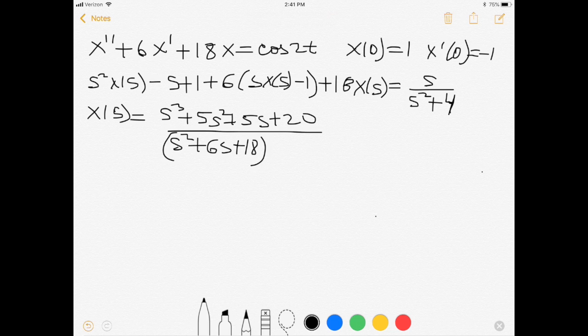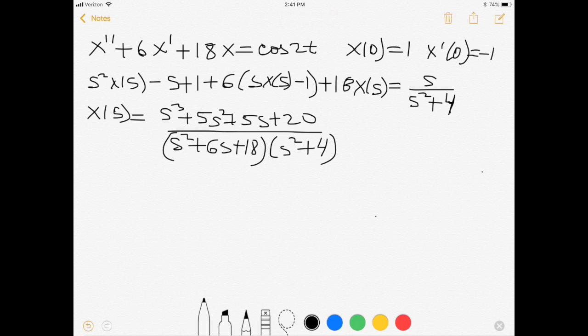This is my first factor, and s squared plus 4 is my second factor. Use partial fractions, separate, and solve for the coefficients. I did all this work for you. We have something like this.